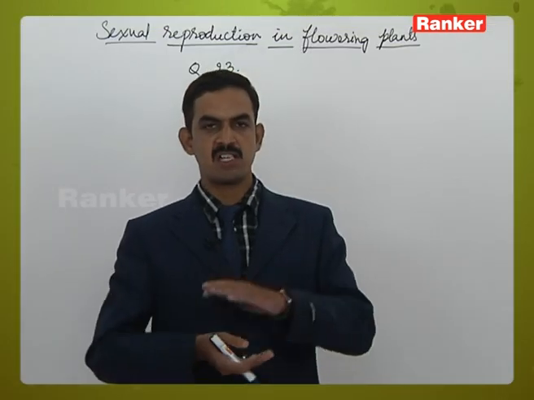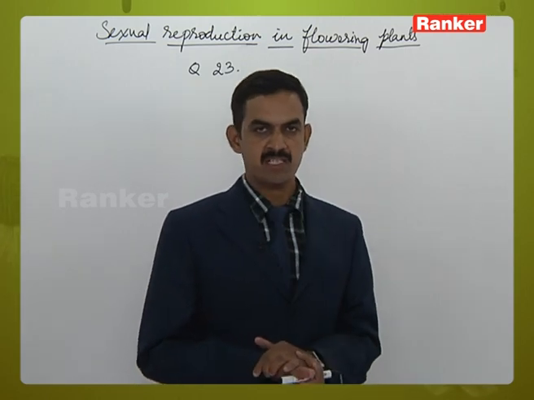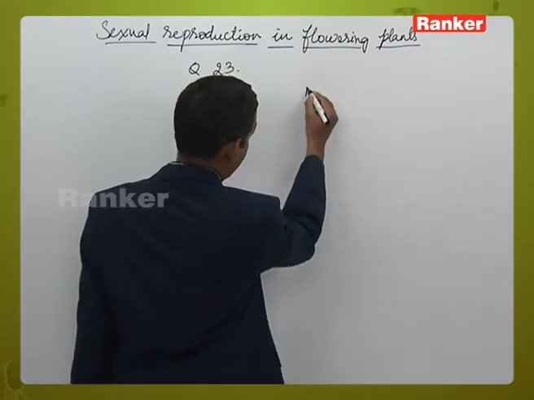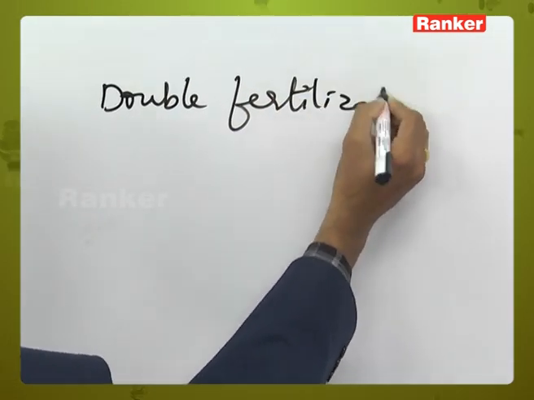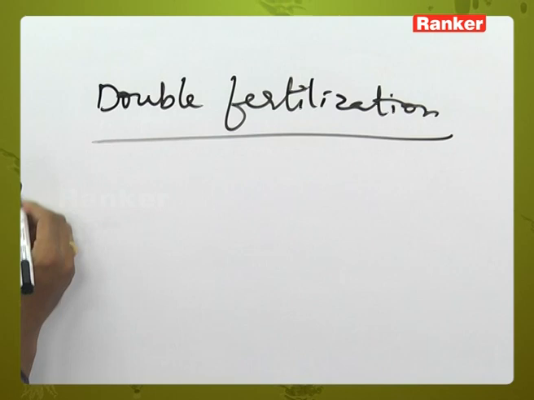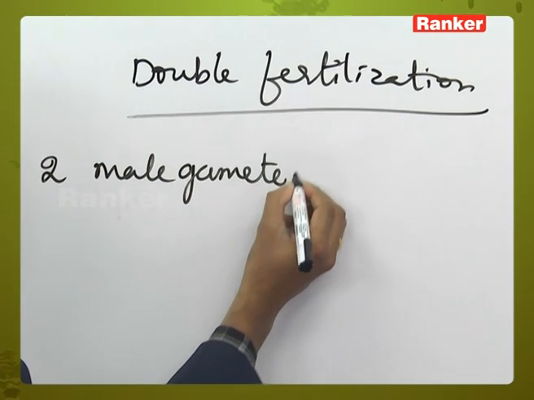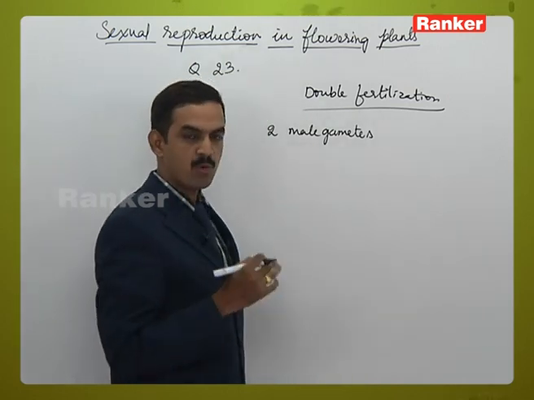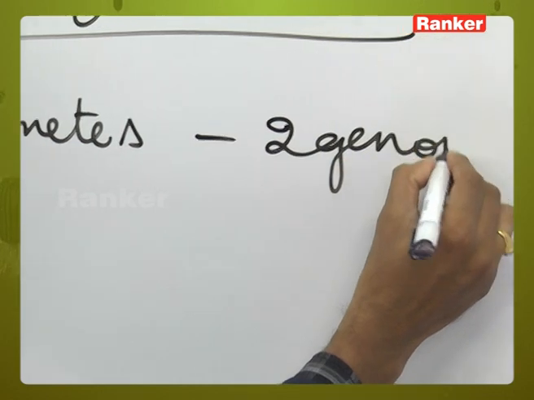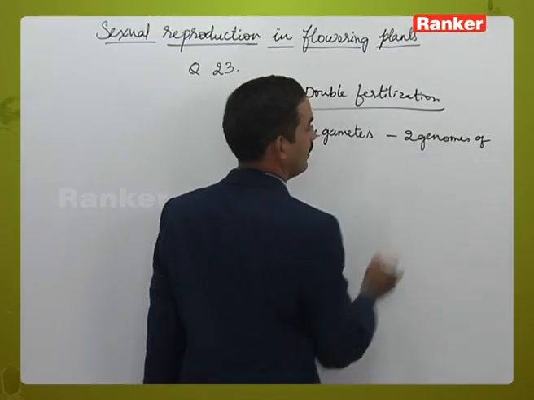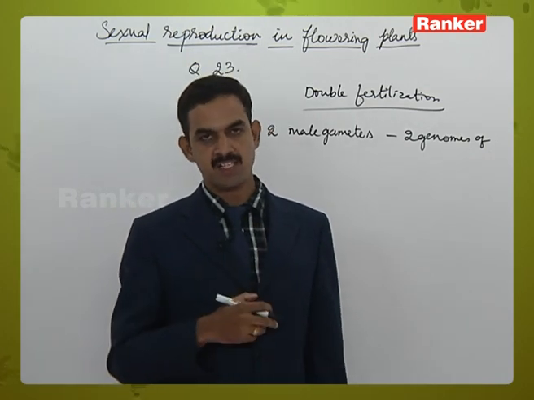In the last question itself, we said that double fertilization is the unique feature present in angiosperms, and in the double fertilization process, two male gametes will participate and each male gamete is haploid. That means 2 genomes of the male parent, that is, paternal genomes, are participating.